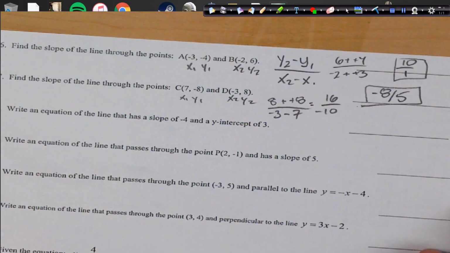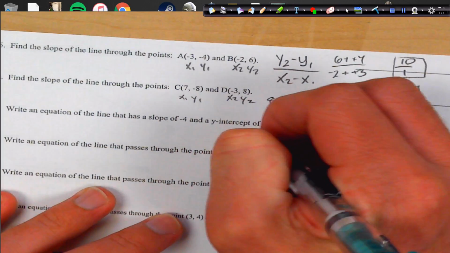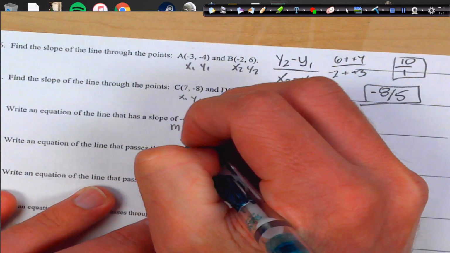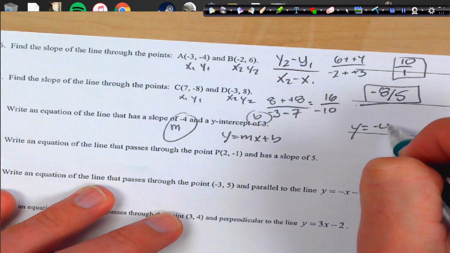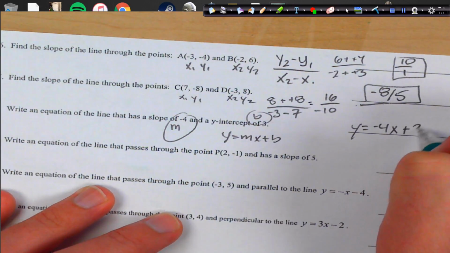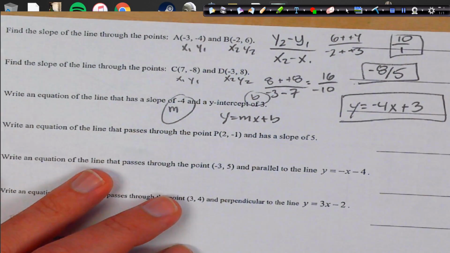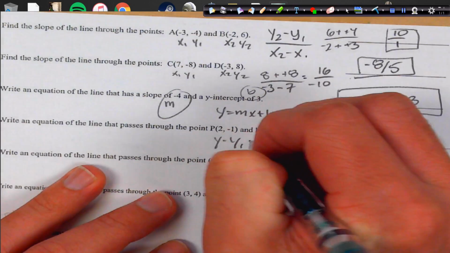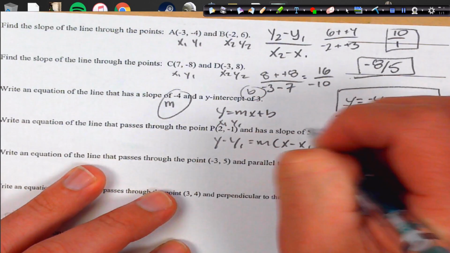Write the equation that has a slope of -4 and a y-intercept. So we're going to use the y-intercept form, or slope-intercept form. We just plug it in. This is my slope, and this is my y-intercept. Write the equation that passes through a point and has a slope, we can just use point-slope form, where we have x1, y1, and our slope.